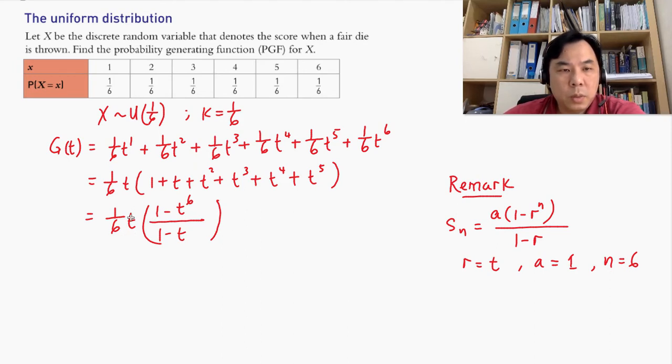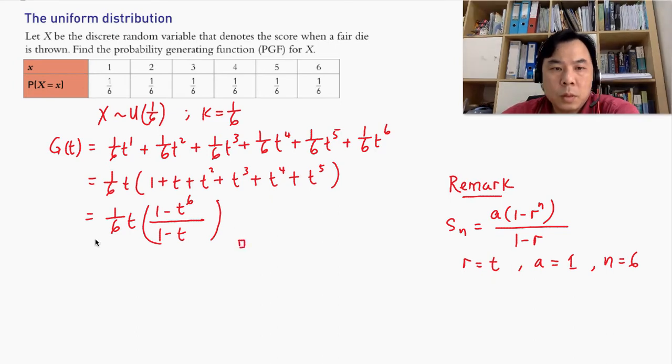This one will be our probability generating function that represents a uniform distribution with a constant probability of 1 over 6. Now, as a precaution, before we proceed on to the next example, it's always a good technique to check whether we have obtained the probability generating function correctly.